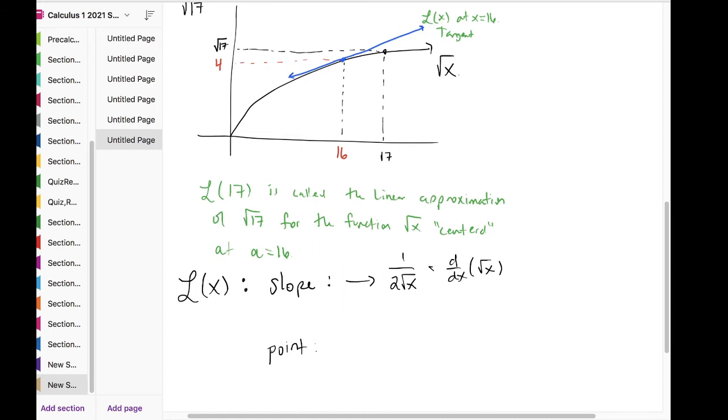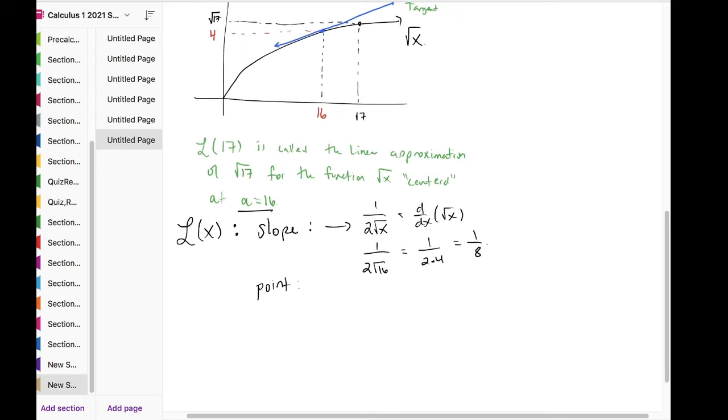You care about a specific point, right? Not just the derivative. At point 16 we care about. Yeah, we plug in 16. So 1 over 2 radical 16, 1 over 2 times 4, 1 over 8. So this slope is 1 over 8.